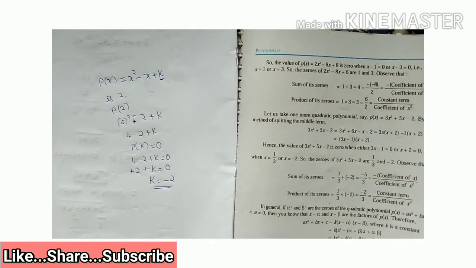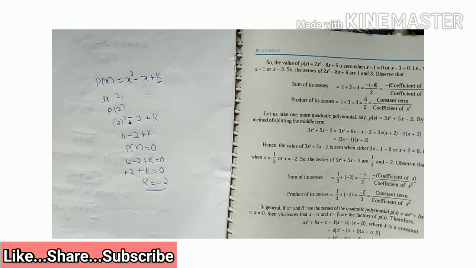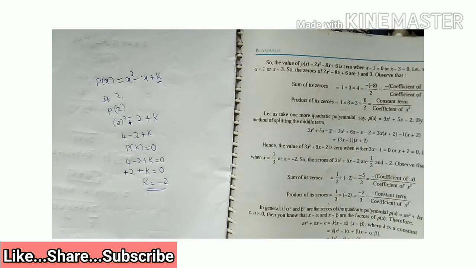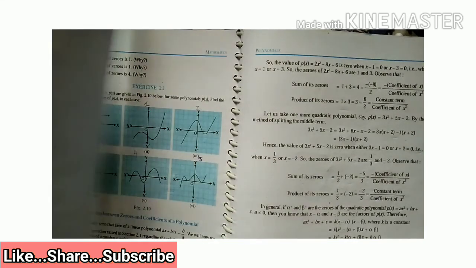Next, relationship between zeros and coefficients of a polynomial.